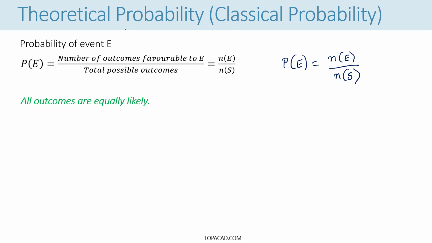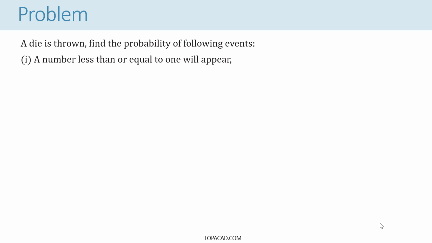So here in theoretical probability, we assume that all outcomes are equally likely to occur, which means that if we toss a coin, both head and tail are equally likely to occur. That's what we mean by all outcomes being equally likely to occur.